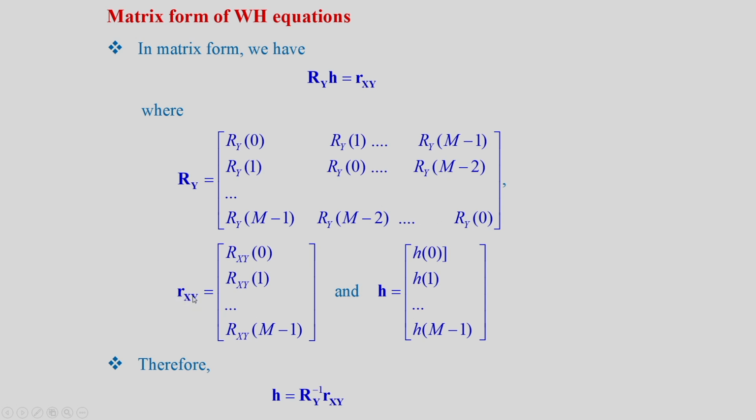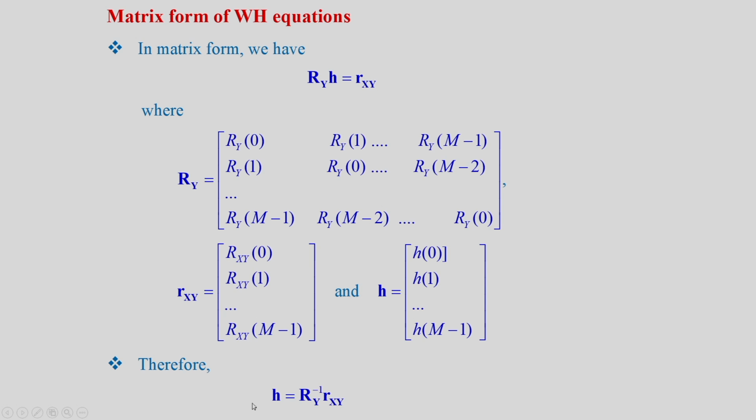Similarly, small r xy is the cross covariance vector and its elements are r xy of 0, r xy of 1 and so on up to r xy of m minus 1. And h is the vector representing the filter coefficients. There are m filter coefficients. So, these m filter coefficients are represented by this vector.